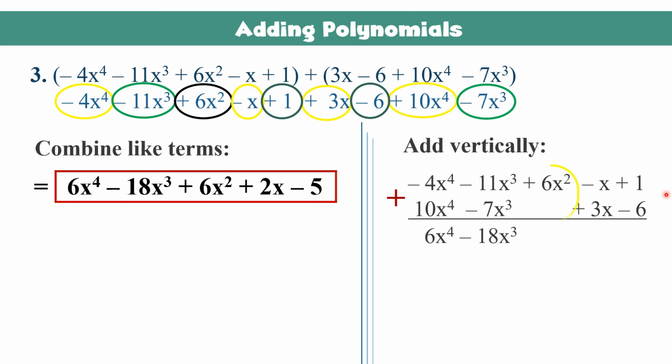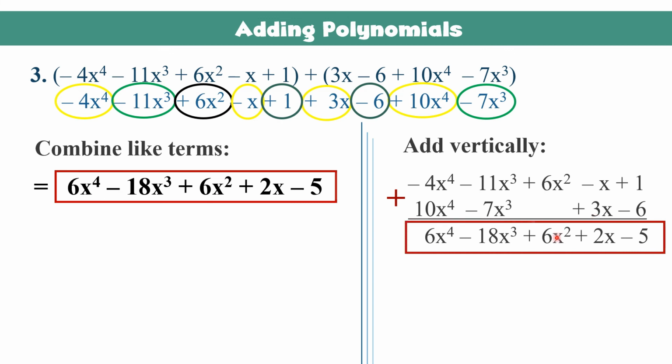Then for positive 6x squared, since it is alone, you may bring down positive 6x squared. Then, negative x plus 3x, you will have positive 2x. And for positive 1 plus negative 6, you will get negative 5. So the answer is the same with this one. That's how you add polynomial.